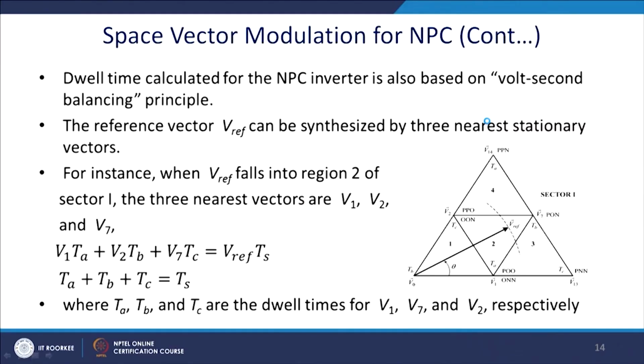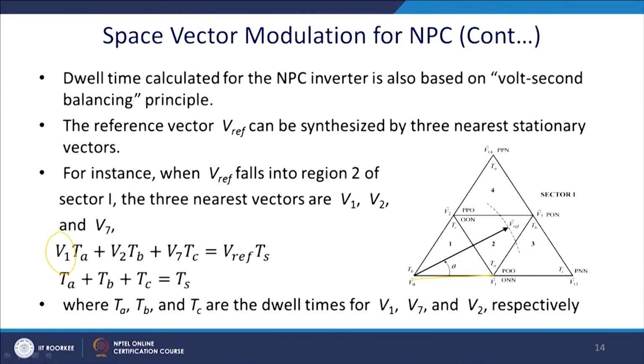So, let us take out that portion of the triangle and find out what should be the value of T1, T2, or in this case TA, TB, TS. The dwell time calculation for the neutral point clamped converter is based on volt second balance, the same thing we have done in the case of the 2 level inverter.